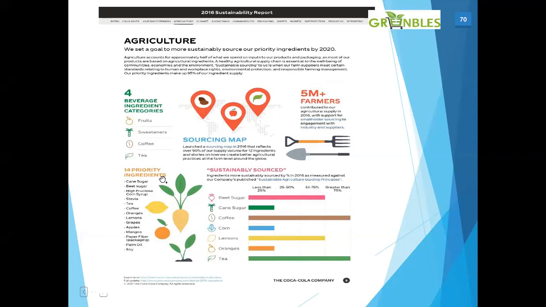So this gives you a kind of explanatory understanding on how food processing, how they map out things and how they capture all the inputs in their processing line.